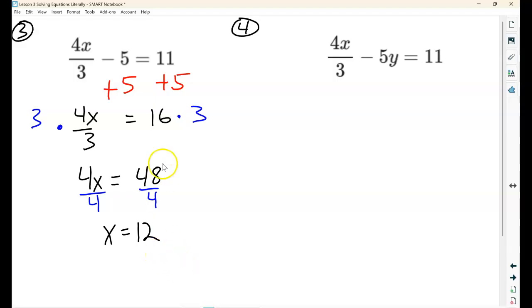Now, same operation, but the thing that's different is this y right here. Instead of adding 5, we're going to add 5y on both sides.